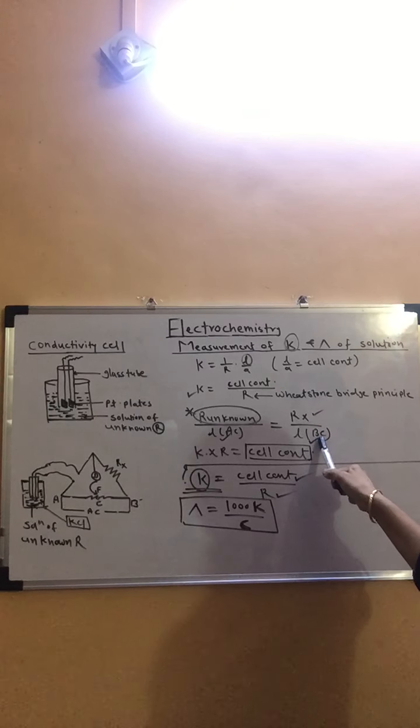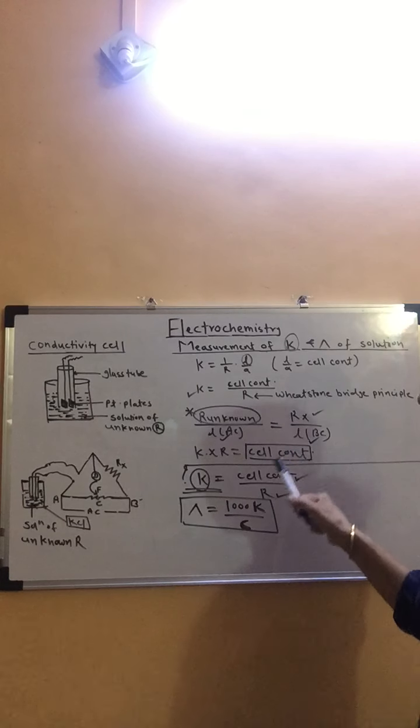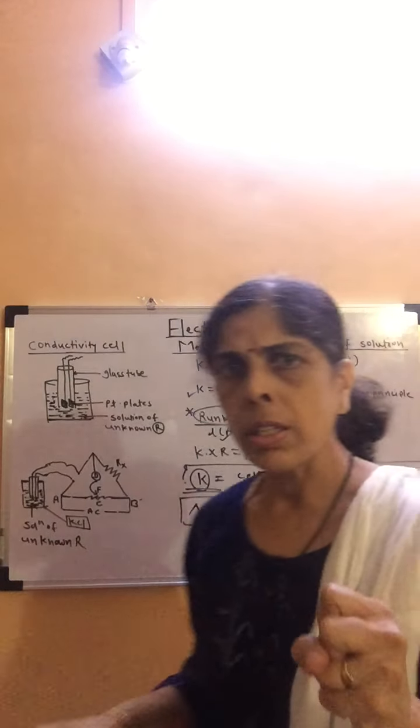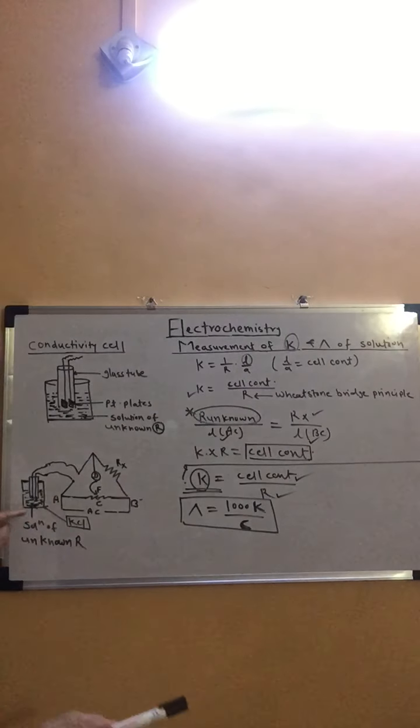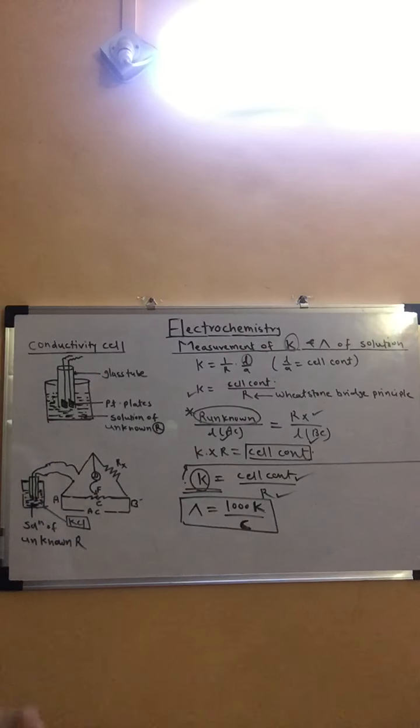After getting the cell constant for the particular cell, it will be fixed even if the solution is changed. So after replacing the KCl solution by another solution of which the conductivity is to be measured, we find the resistance again for that particular solution.